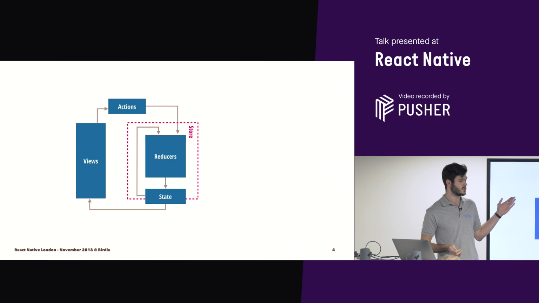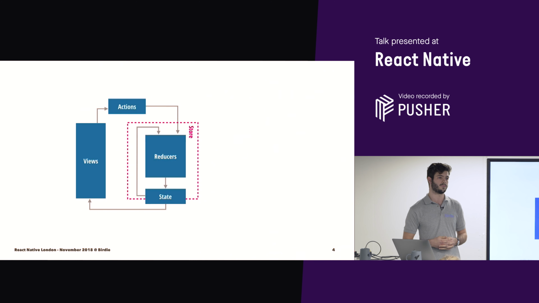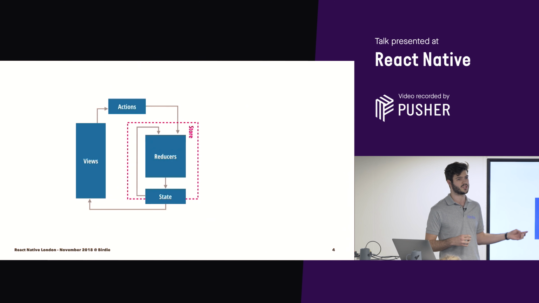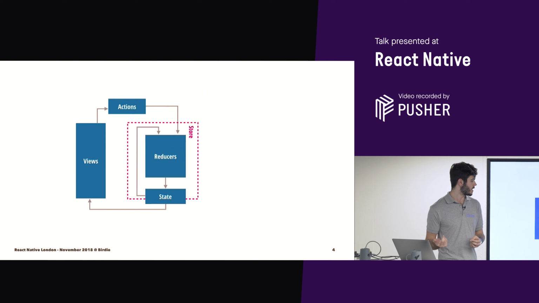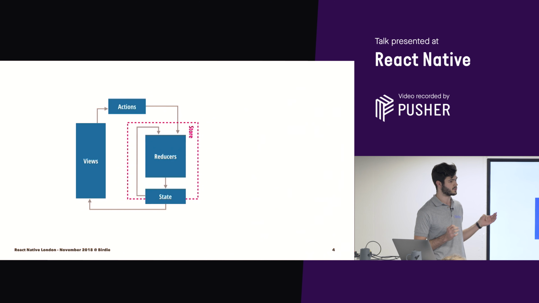You have your actions, which are basically a plain object, which will be able to mutate our state, which is like a big object containing the state of your application, which is handled by reducers, which are functions which will mutate the state thanks to the action payload. And then, not shown on this graph, but around here you would have selectors, which would allow your components to select pieces of the state to be able to display them on the screen.